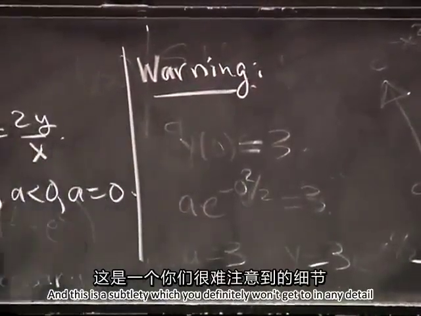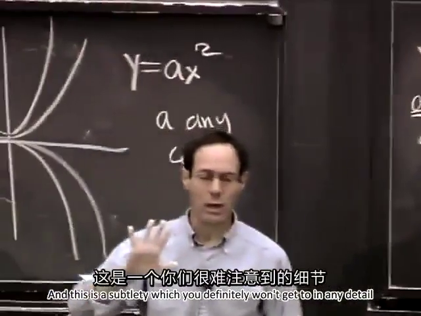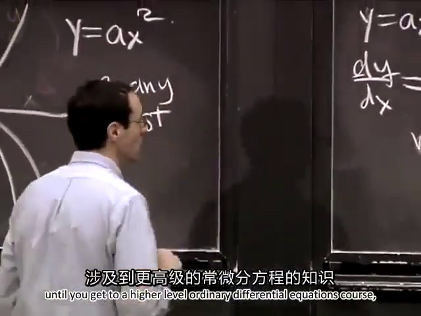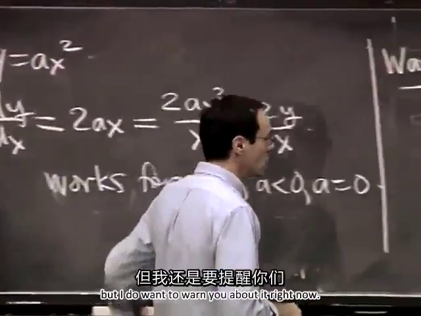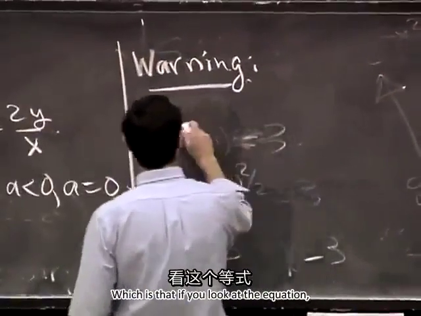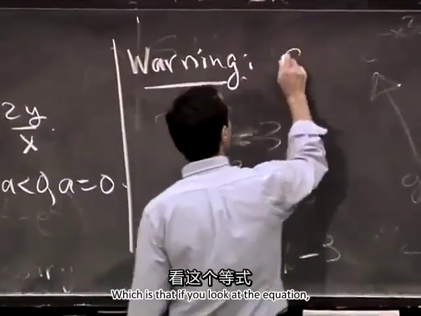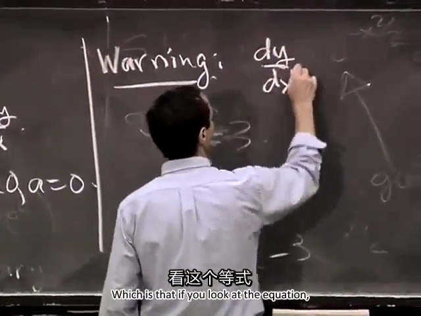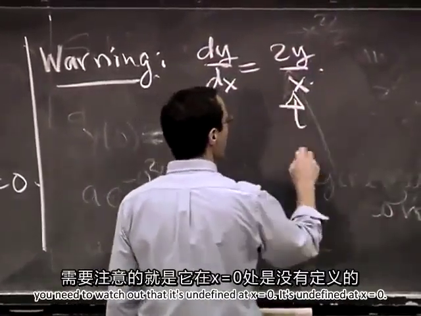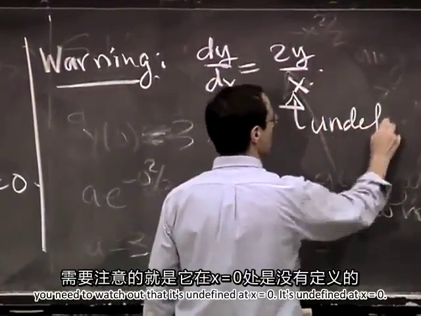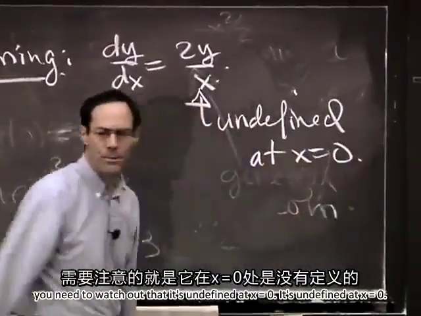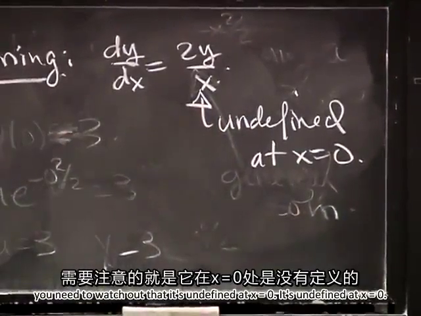And this is a subtlety which you definitely won't get to in any detail until you get to a higher level ordinary differential equations course, but I do want to warn you about it right now, which is that if you look at the equation, you need to watch out that it's undefined at x equals 0.